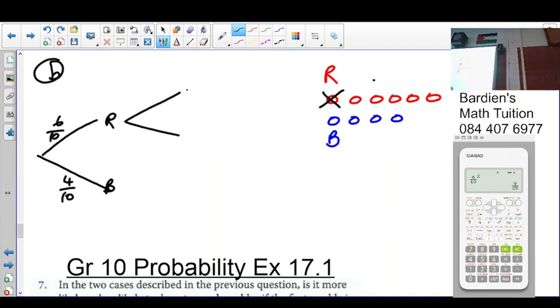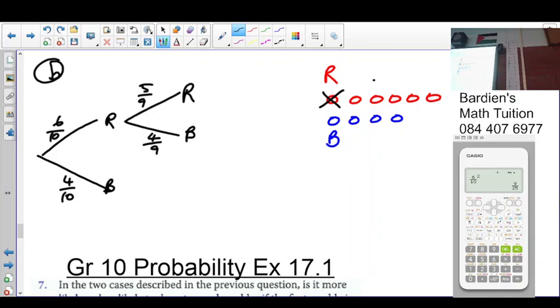Again, my outcomes are either red or blue. But how many red marbles do I have now? 5 out of 9. Can you see that marble is gone now? So we've got 9 marbles in total. So it will be 5 over 9 and 4 over 9.